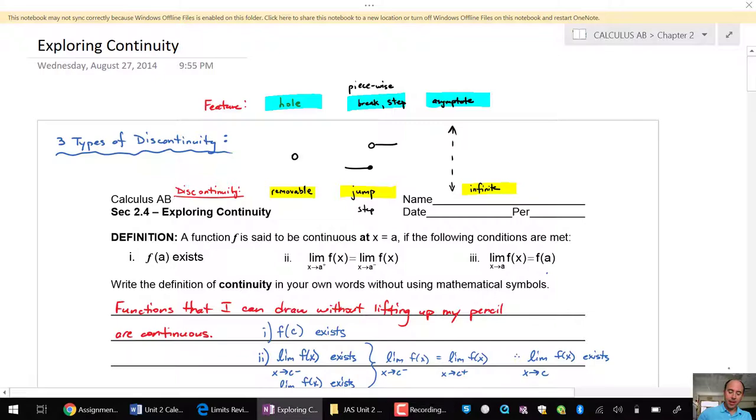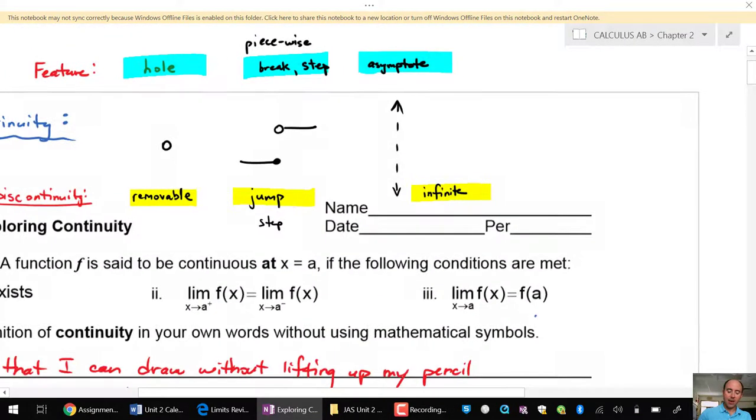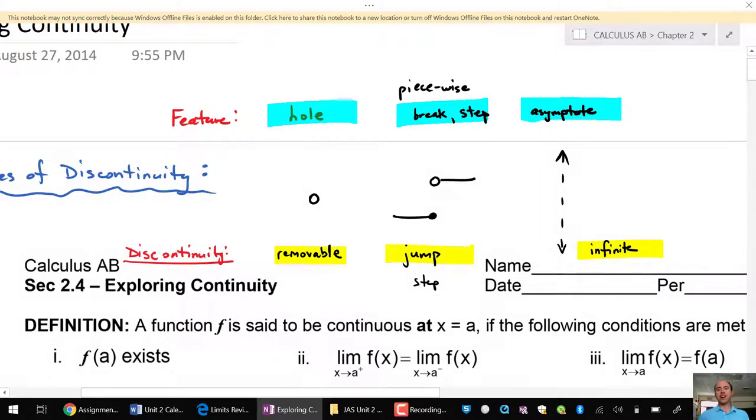So to begin, it would be important for us to make a sketch and write down the names of the various kinds of discontinuities that we'll see in functions throughout calculus. The three types are removable, jump, and infinite. Those three types can be distinguished by the corresponding features we might find in the graph.